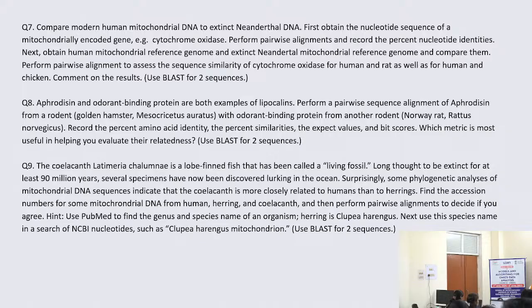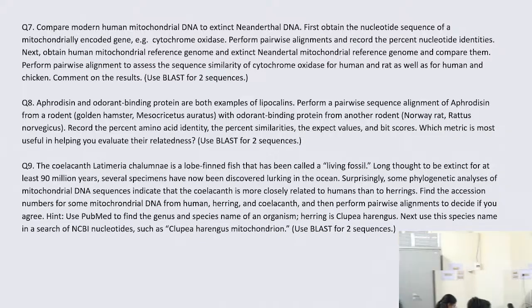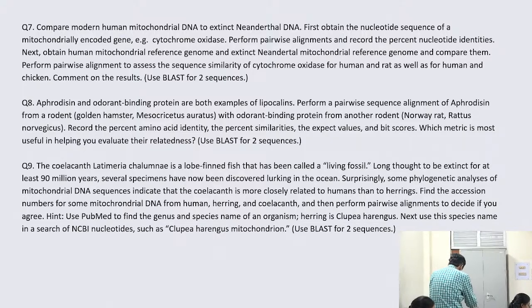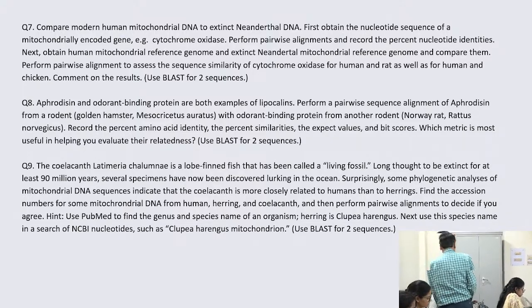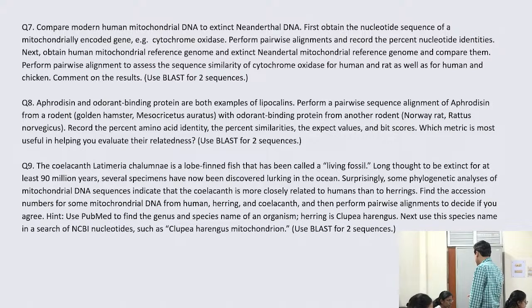So, got the sequences? Okay, nucleotide is cytochrome oxidase, and then select human. Go on, select human and get. Sometimes it is called cytochrome C oxidase. And the COX gene.